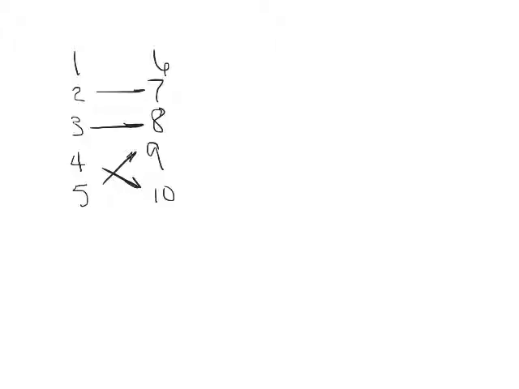So all functions are also relations, but not all relations are functions, because let's just draw a domain here, and let's draw a range here. And if I draw these, okay, I've got a function here, because each of my left-hand column corresponds to only one in my right-hand column, my domain and range.